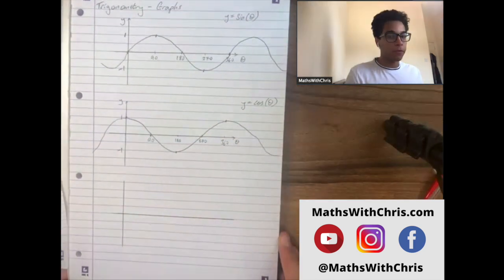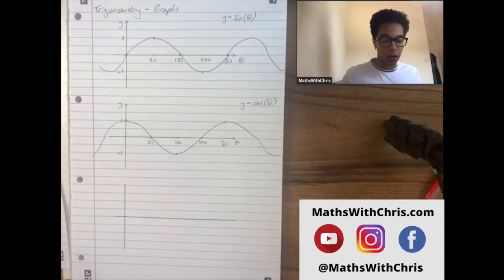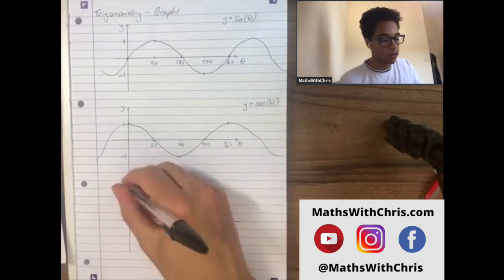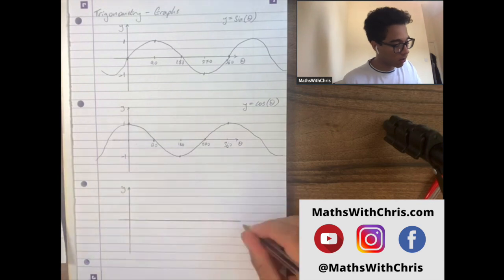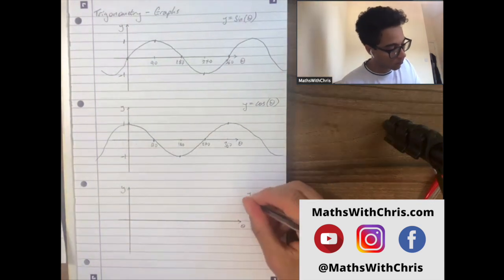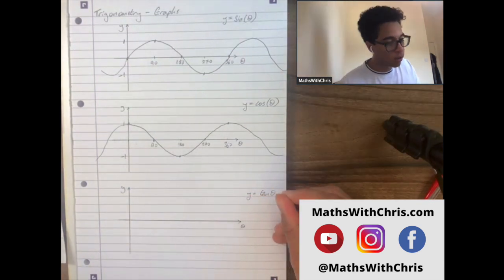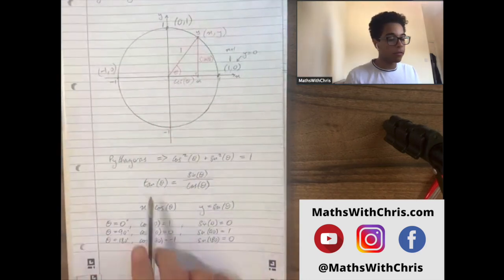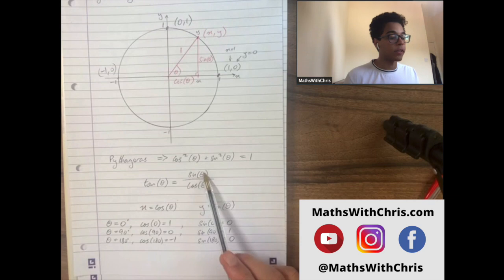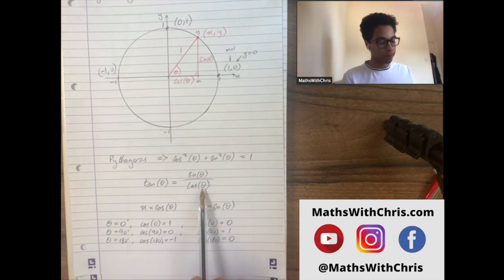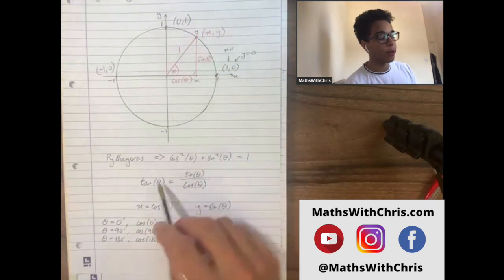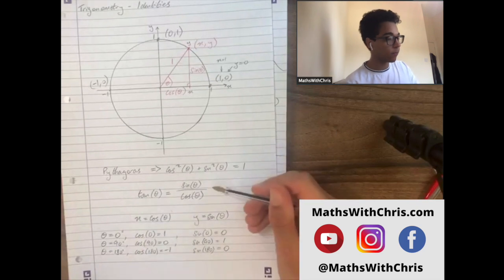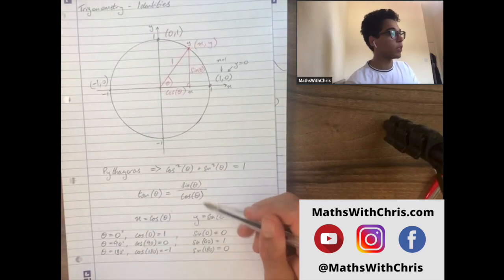Now, for the last one, for the graph of tan theta, how can we sketch that? Well, we know the relationship between sine and cos in terms of tan. Tan of theta is sine of theta divided by cos of theta. So if we want the value of tan, we just look at the value of sine and the value of cos and we divide them.